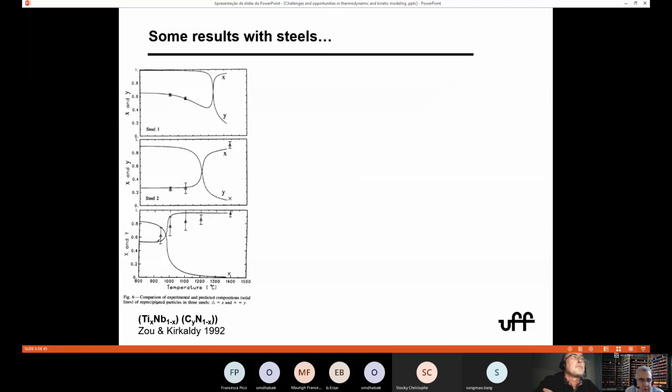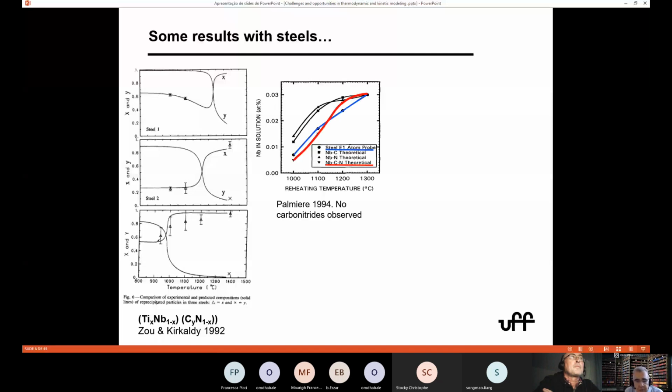You cannot do that outside of the steel. But you see the experimental values agree very well with what they calculated, assuming miscibility of these compounds. Then, funny enough, Palmieri in his 1994 paper said he saw no carbonitrides, but the best agreement with his solubility measurements was with the carbonitride solubility product. So it's really quite conflicting.